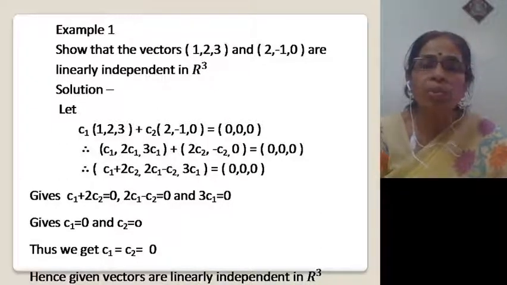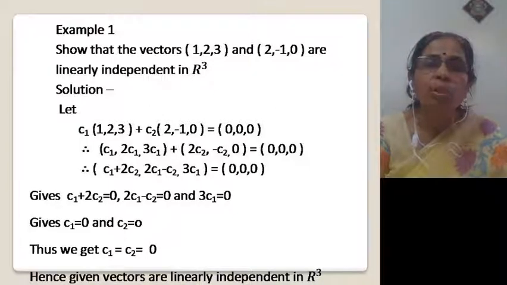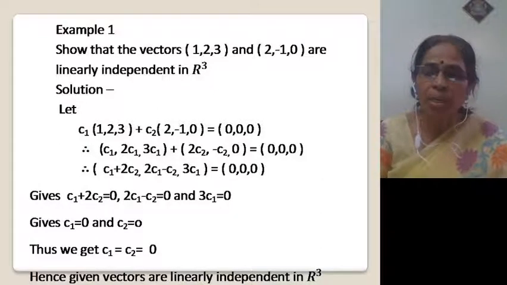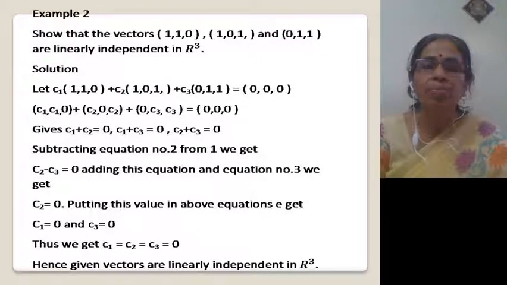Equating the components on both sides, we get C1 plus 2C2 equal to 0, 2C1 minus C2 equal to 0 and 3C1 equal to 0, which gives C1 equal to 0 and C2 equal to 0. Thus, we get C1 equal to C2 equal to 0, and hence the given vectors are linearly independent in R3.